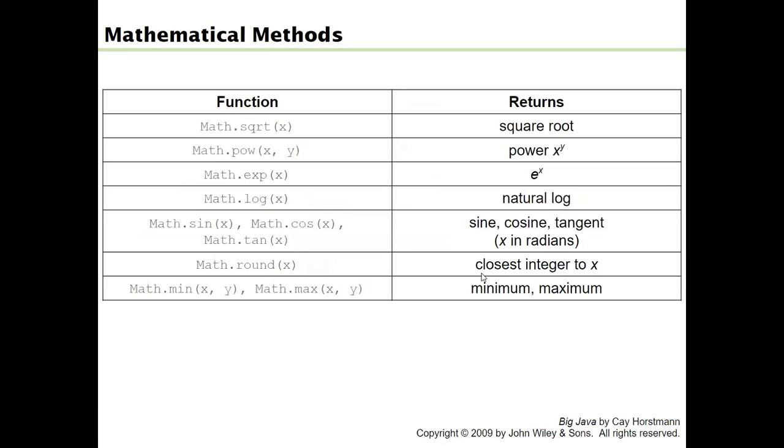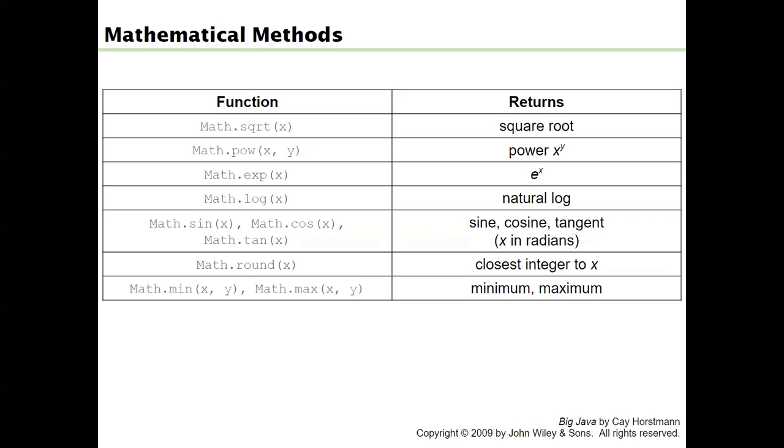So here are some methods that you might use quite often. There's Math.sqrt, Math.pow. We talked about that one. If you want to take the exponent of e, you can do that, e to the x. Logarithms, natural logarithms, are just Math.log. It has all the different flavors of trigonometry methods. So sine, cosine, tangent, arctangent, all of those are in there.